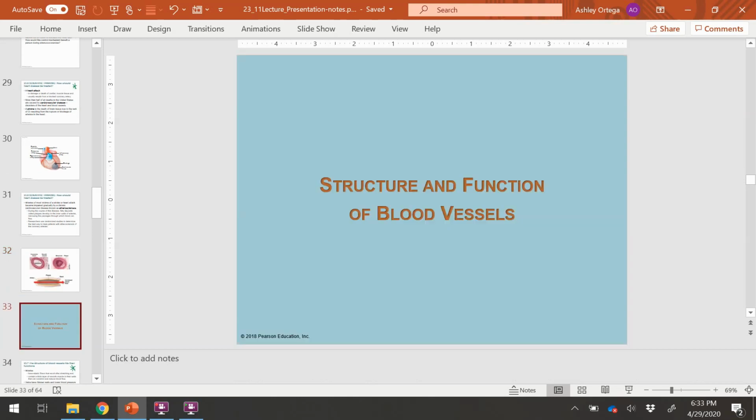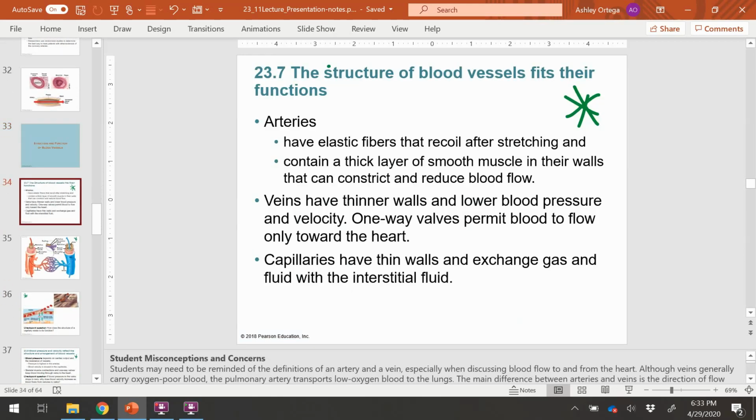All right, so now we're going to take a look at the structure and function of blood vessels. Looking at blood vessels, we'll first look at the three main groups: arteries, veins, and capillaries. Arteries carry blood away from the heart. They have thicker muscle because they need to maintain that high blood pressure and constrict and reduce that blood flow.